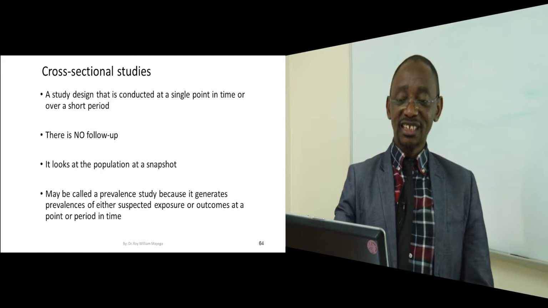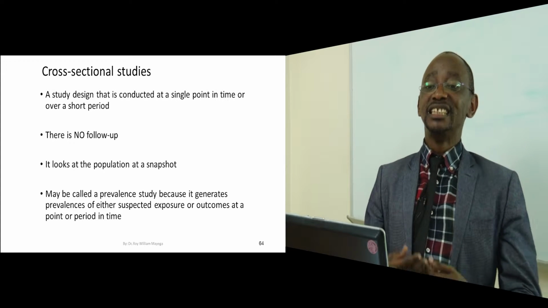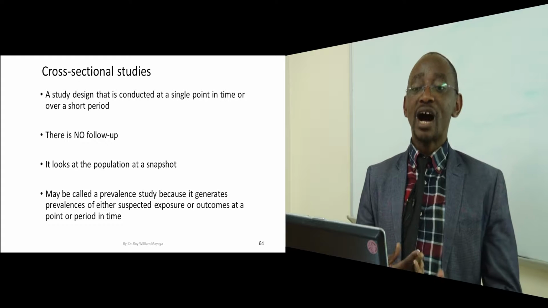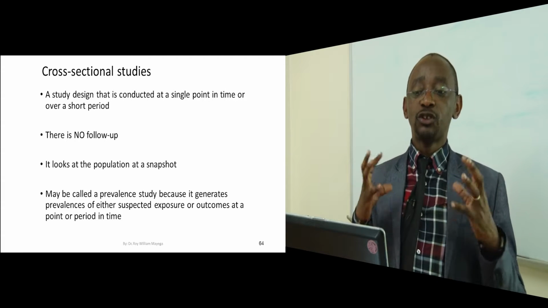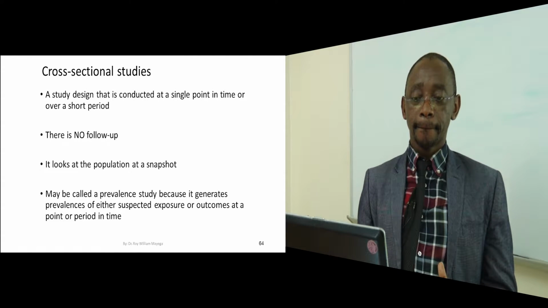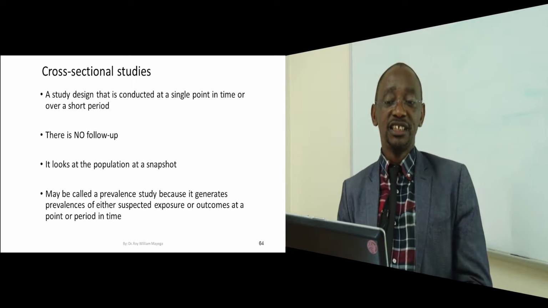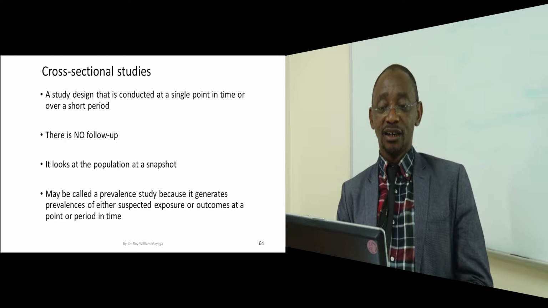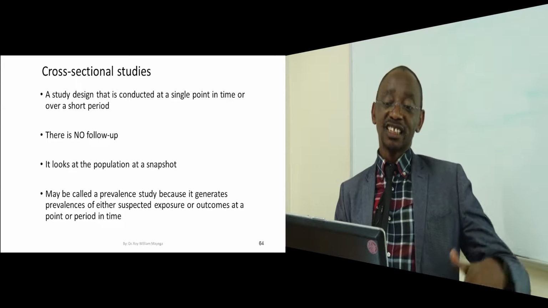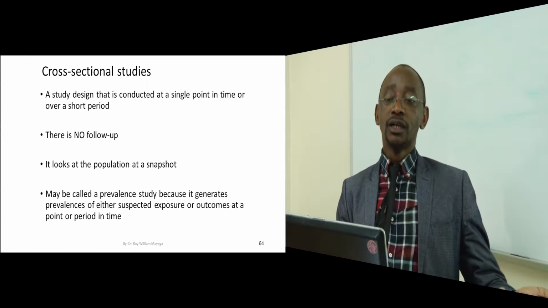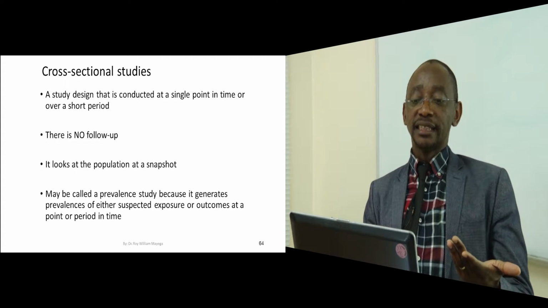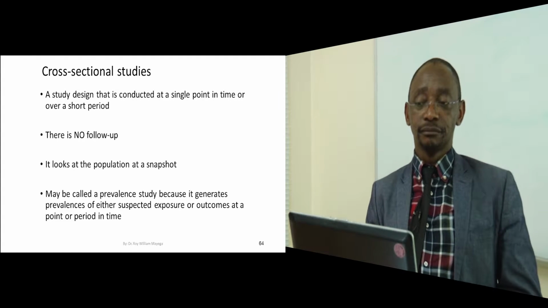So the cross-sectional study is done at a point in time. There is no follow-up. It takes a snapshot of the population. And that is why it is also called a prevalence study, because it generates prevalences of either the suspected exposure or the outcome at a given period of time.